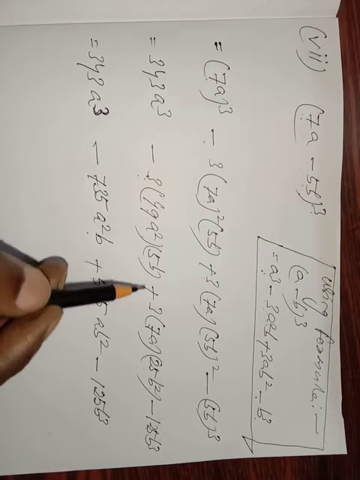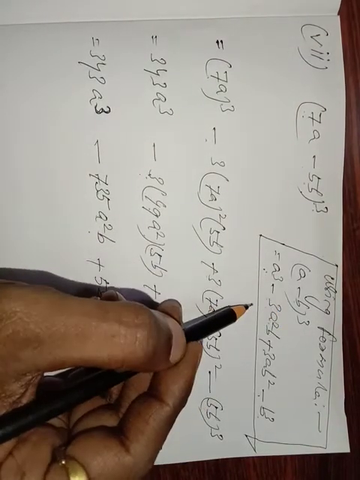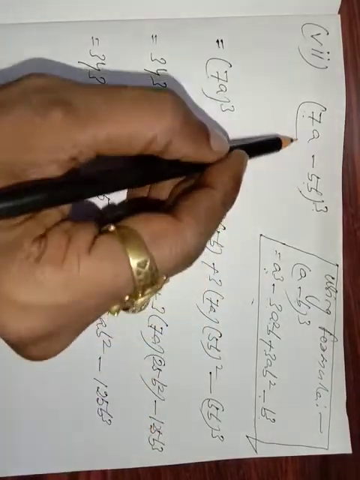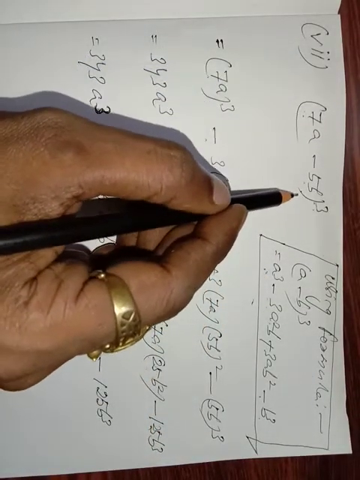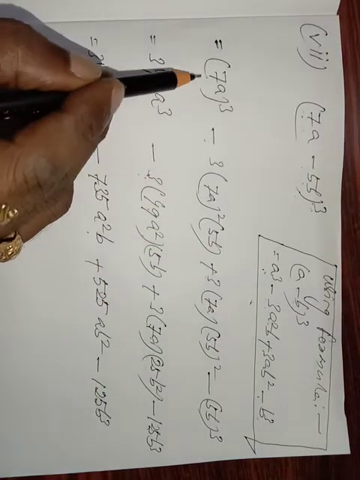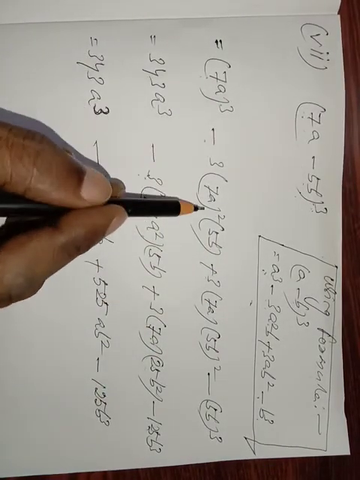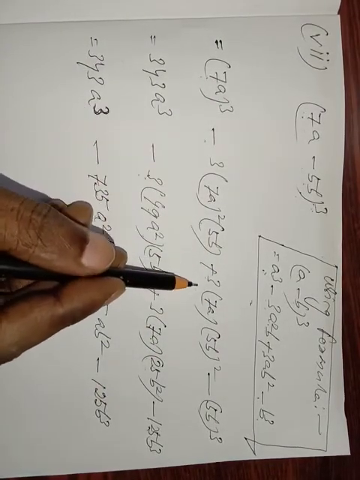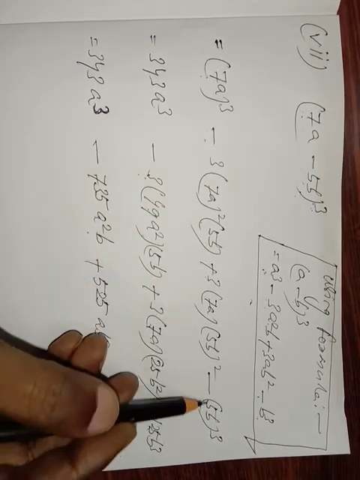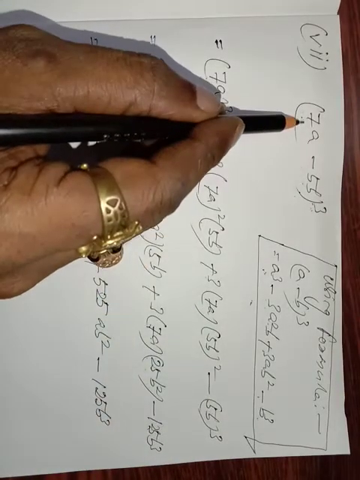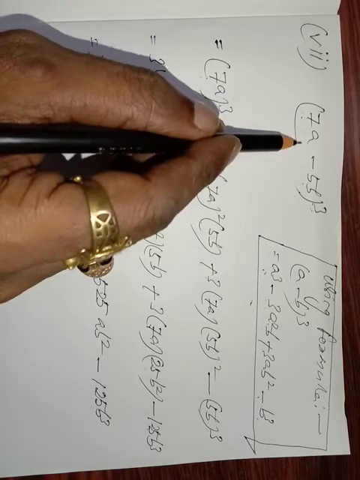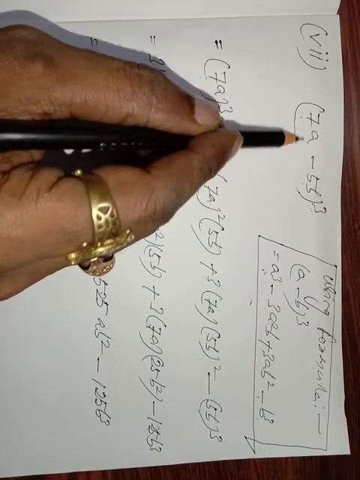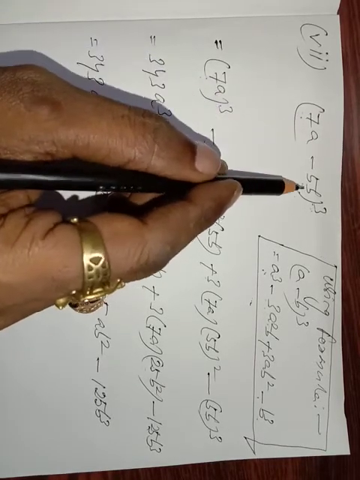If you remember the formula (a − b) whole cube, the application is: first number, that is 7a, second number, that is 5b, whole cube. The formula is a cube minus 3a square b plus 3ab square minus b cube. Here a means 7a, the first number, and b is the second number, that is 5b.